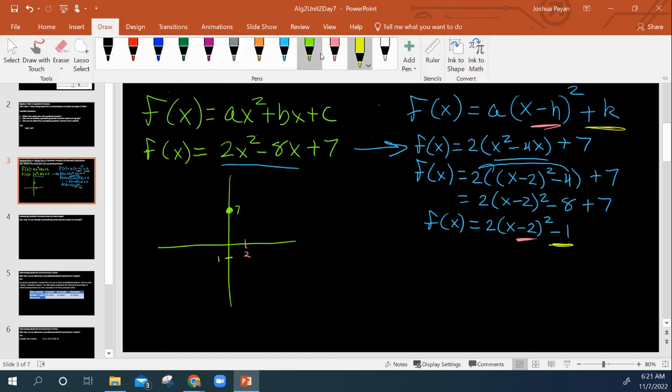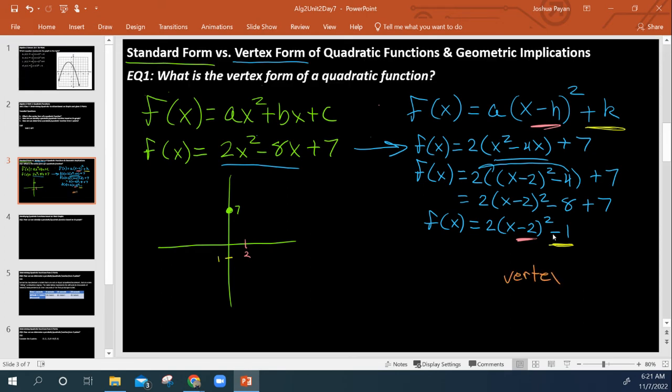What that means is our actual vertex, which is why it's called vertex form, the vertex of our parabola, is given by h comma k. We see we're going to have that exactly: negative 2, negative 1. My bad, not negative 2, positive 2, negative 1. So that's going to put me here.